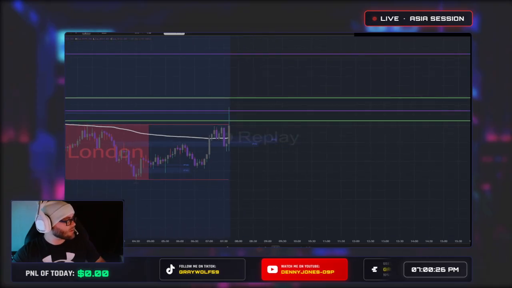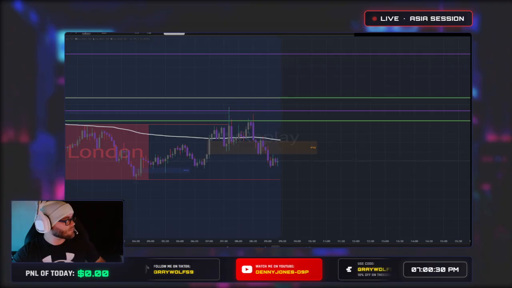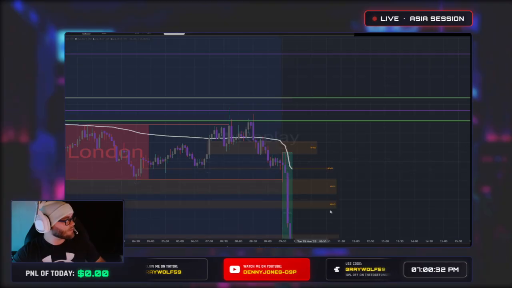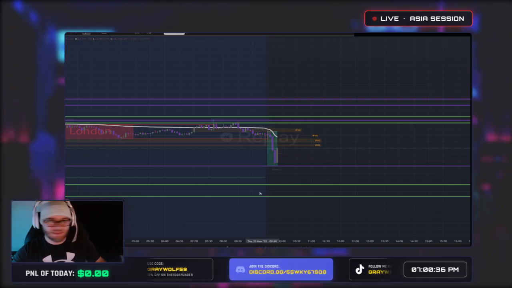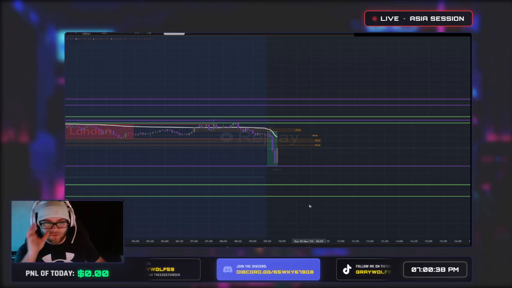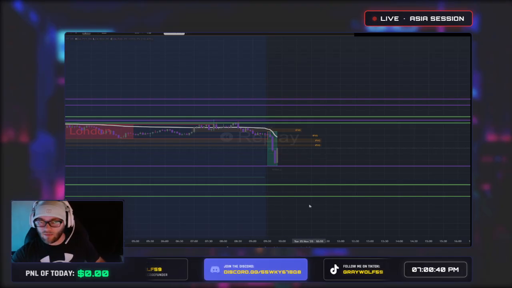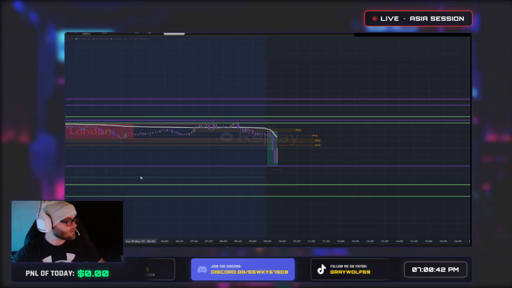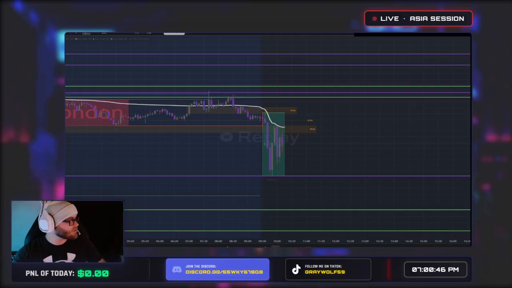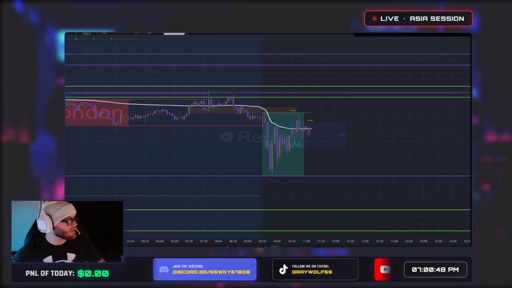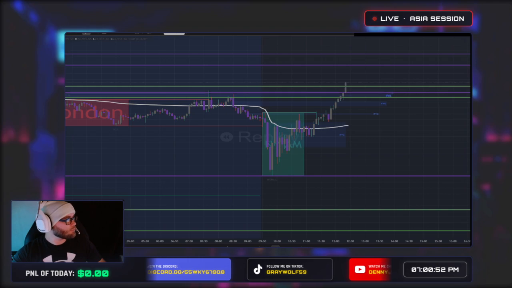New York comes around, and we shoot down, trying to take out these daily levels down here. However, we fail to come and take them. So what does price do instead? Price decides to come and take the PDH because there's so much liquidity sitting up there. As you can see, boom, we took that liquidity.